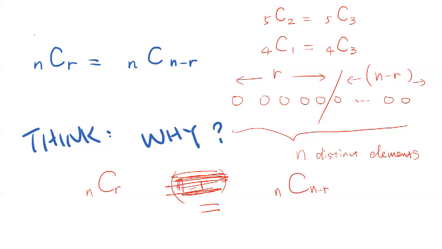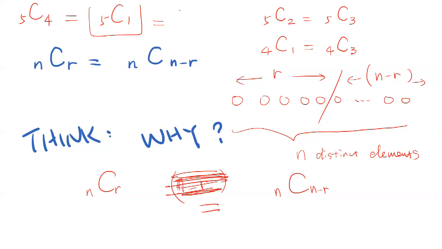So why is it useful? Because, for example, when you want to calculate C(5,4), usually I'll just calculate C(5,1). For C(5,1), you don't have to use a formula, right? Because it simply means choosing one element from 5.